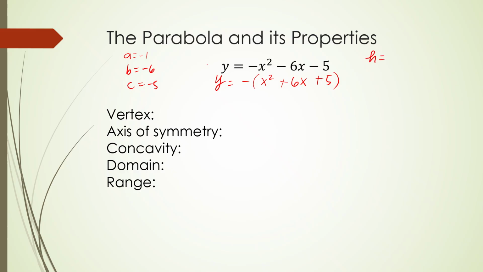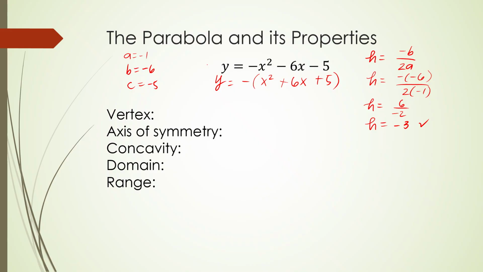Let's have h is -b over 2a. To find the value of h, simply substitute all the values of the variables. So h equals negative of -6 over 2 times -1. Simplified, this will become 6 over -2, and h here is -3.